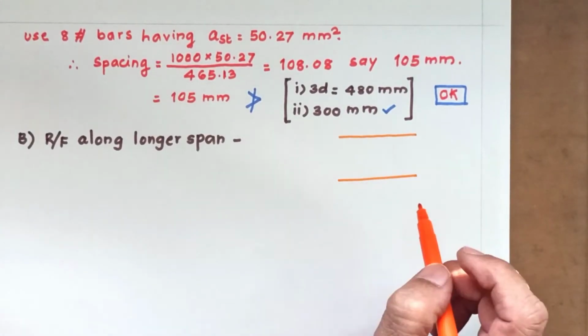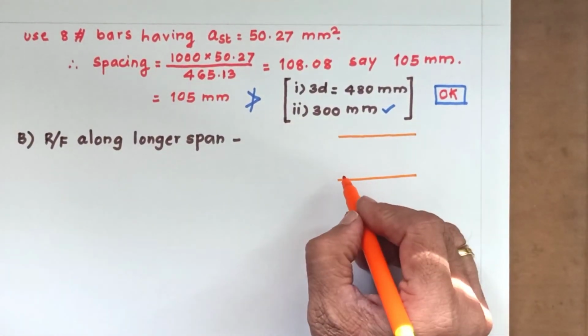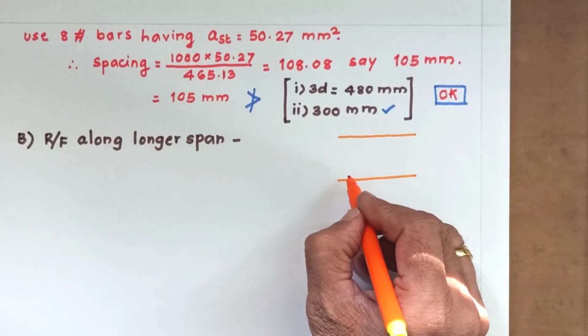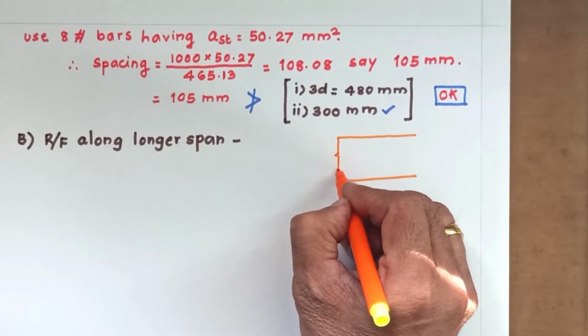This is the slab. Now you have taken this cross section along the longer span.